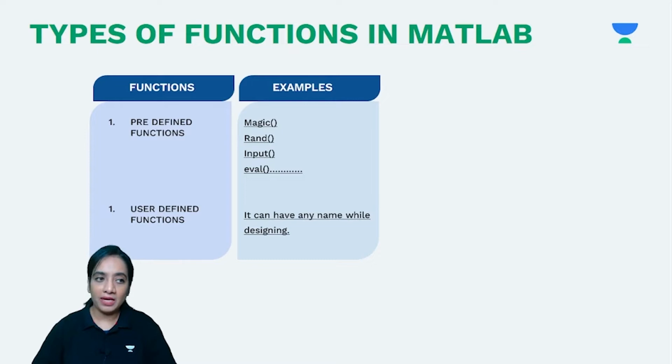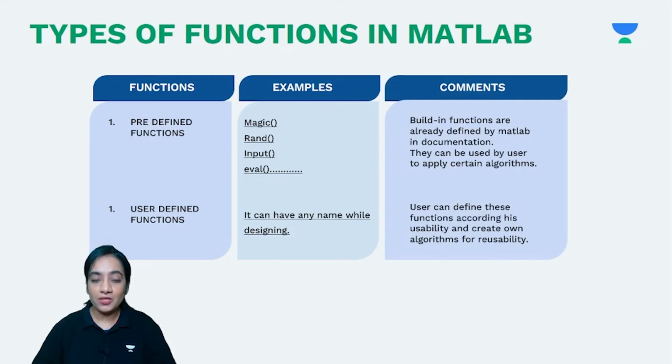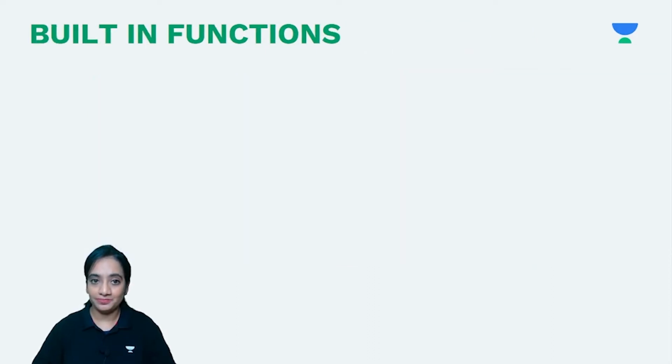Any special name, any unique name that you have, but it should not be present in Matlab already. So you have to give some unique name to it. The built-in functions are already defined in Matlab documentation. They can be used by the user to apply on certain algorithms. User-defined functions can be used according to the requirement, and your algorithms are reusable also, but they are built by you.